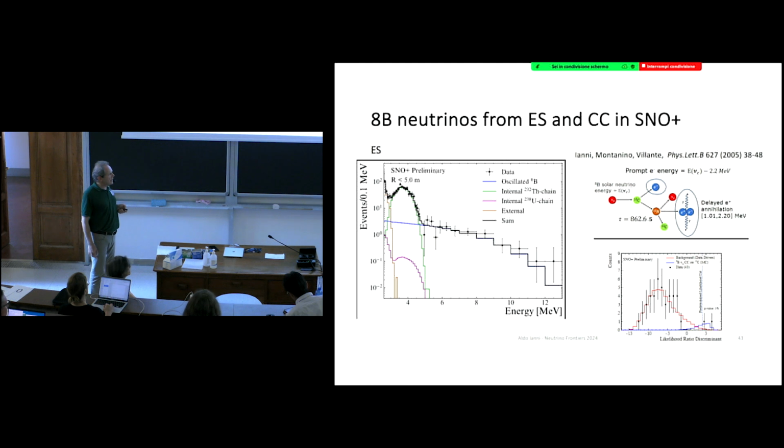And so far, they have done interesting measurements on solar neutrinos. I'm not talking about geoneutrino or reactor neutrinos. This is a boron-8 measurement of the solar neutrinos. But in addition, they have also probed this interaction channel that Francesco Villante, Daniele Montanini, and myself developed in a paper in 2005.